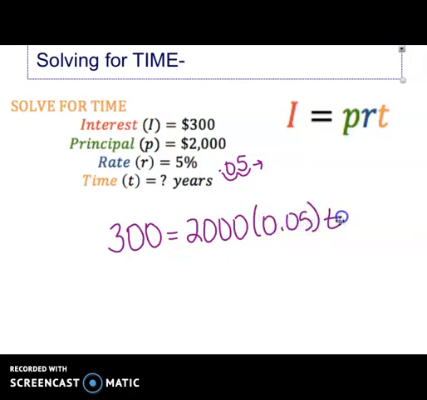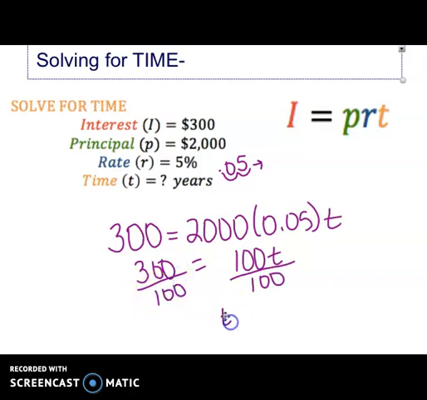And we don't know the time, so we let that be T. Now we multiply 2,000 times 0.05 is 100. So we get 100T equals 300. I divide by 100. There's my one-step equation. I divide by 100 and I get T equals 3. So the time in this case is 3 years.